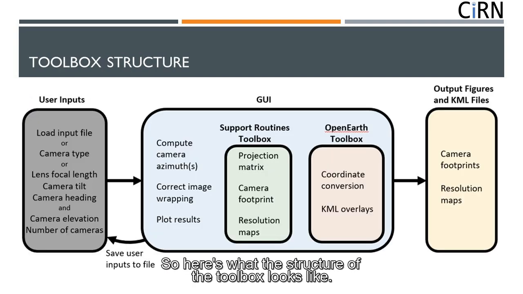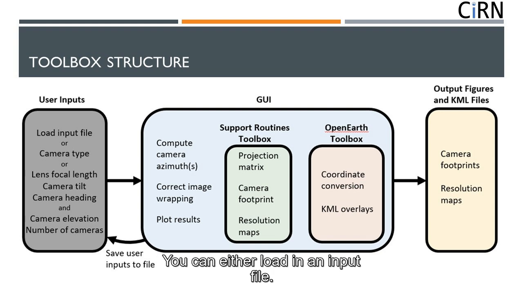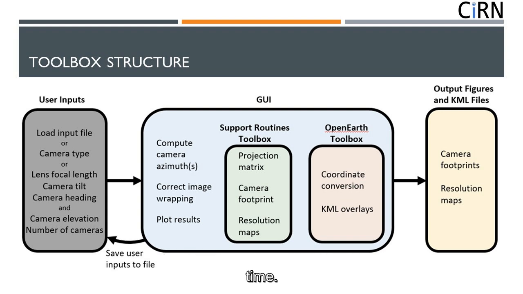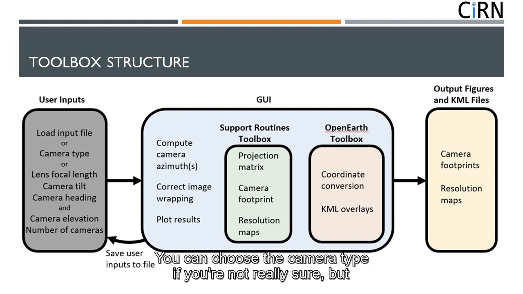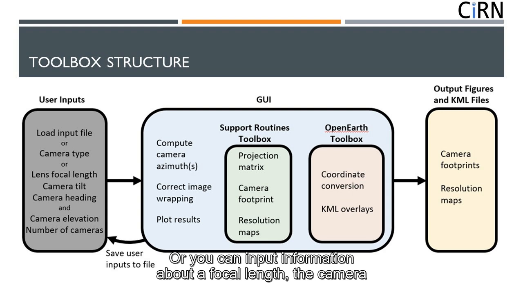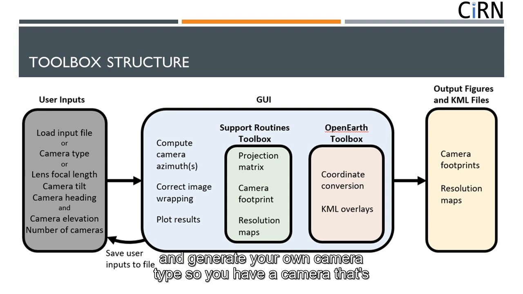So here's what the structure of the toolbox looks like. You can either load in an input file, or you can create your own input file after running the GUI one time. You can choose a camera type if you're not really sure, but there are a few stock options in the GUI, or you can input information about a focal length, a camera tilt, heading, an elevation, and the number of cameras you want, and generate your own camera type.